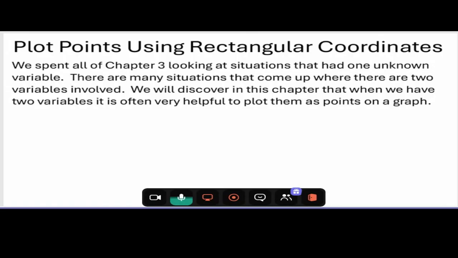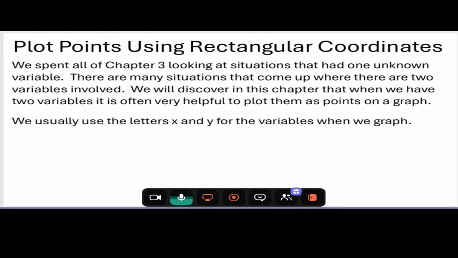We have 2 things we don't know in an equation. Usually, we tend to represent them with an x and a y, although theoretically they could be any 2 letters. And what we're going to discover is that a really helpful way to figure out those situations is to put those values as points on a graph.